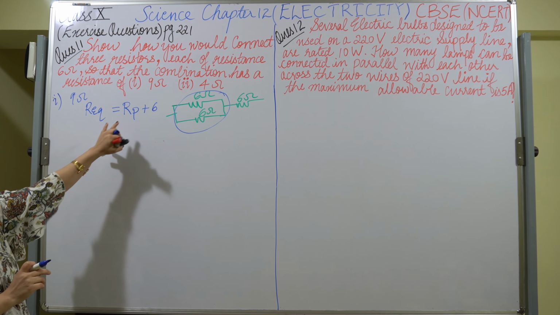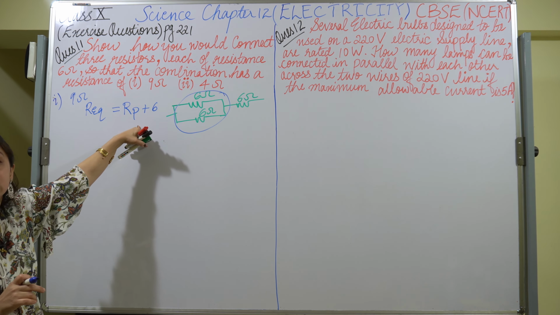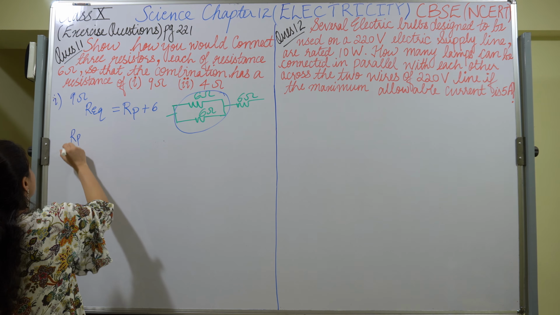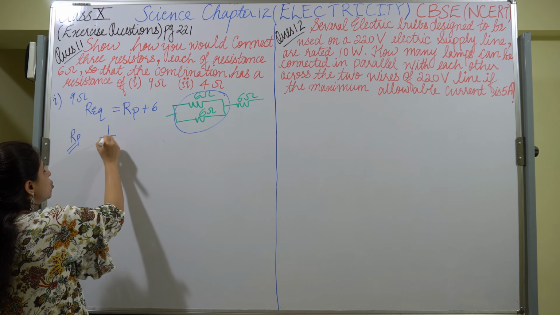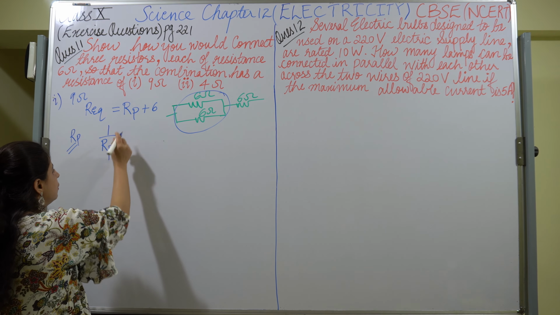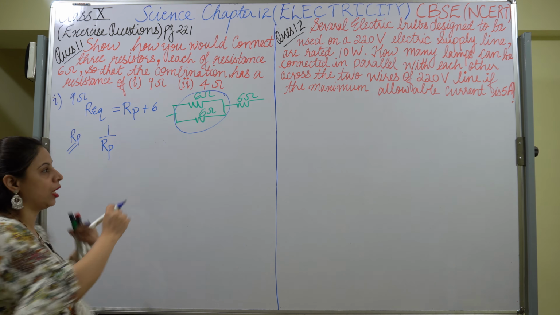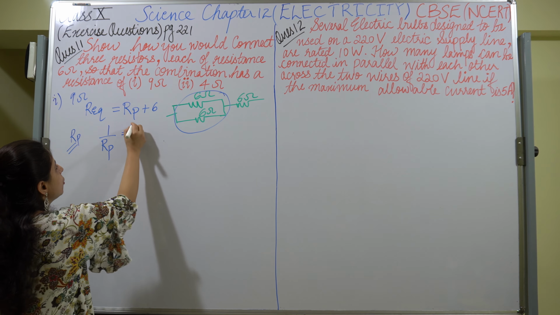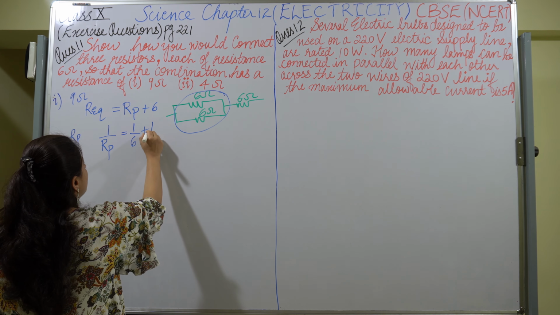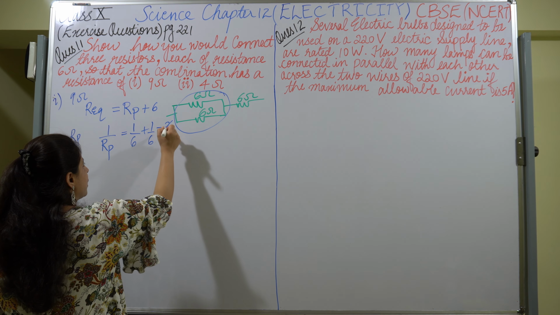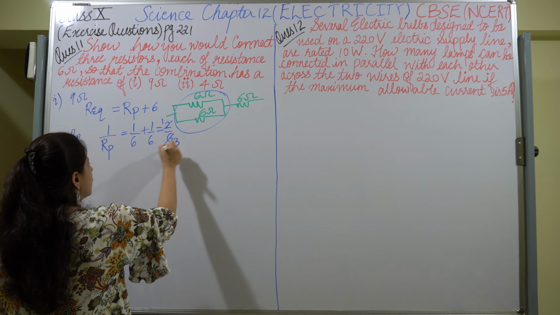In order to find out Rp, we need to apply the parallel formula for the resistances. So 1 upon Rp will be equal to 1 upon 6 plus 1 upon 6. That will give us 2 upon 6. It will get cancelled out: 2 ones are 2, 2 threes are 6.